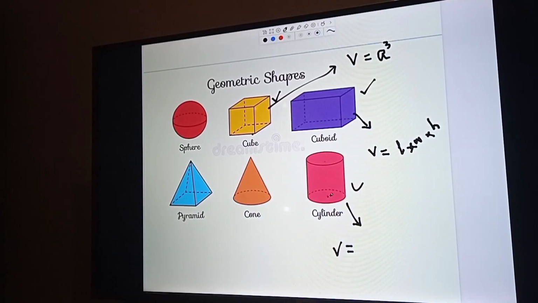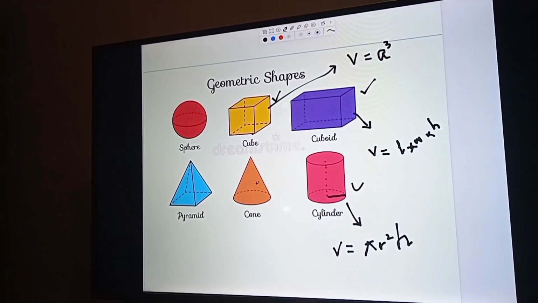This is the center point, this is the radius. So circle area is equal to pi r square, but multiply h with it. This is another, and then consider the height, which is called h. So circle area multiplied by height will give you the volume of cylindrical shapes.